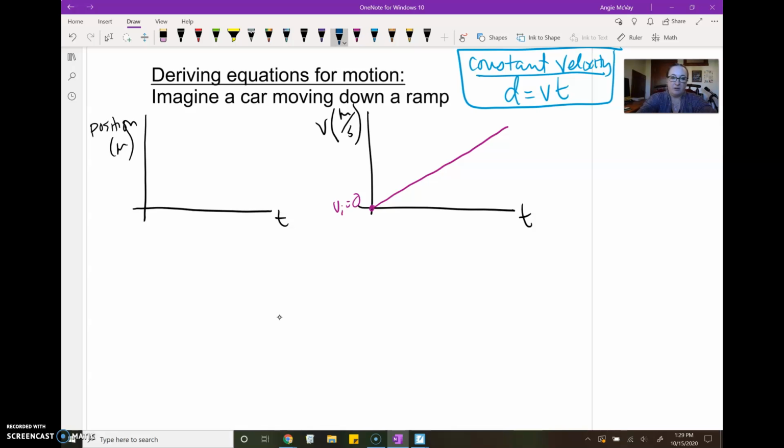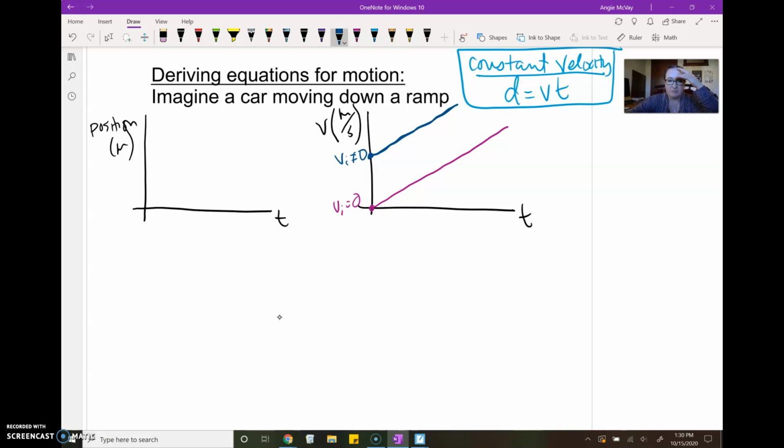If an object at time 0, if we start observing the motion of an object continually speeding up, maybe it has an initial velocity, it would have a y-intercept. So the initial velocity does not equal 0.